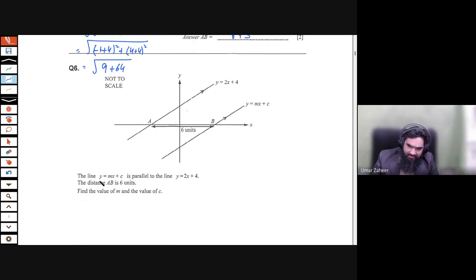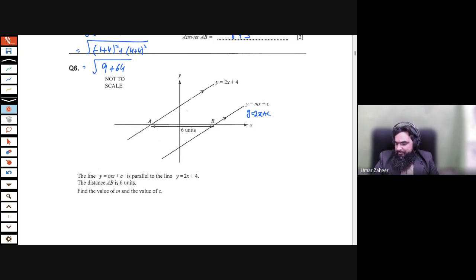It says that the line y equals mx plus c is parallel to the line y equals 2x plus 4. This line is parallel to this one, which means the gradient of this line must be the same, 2, as well.